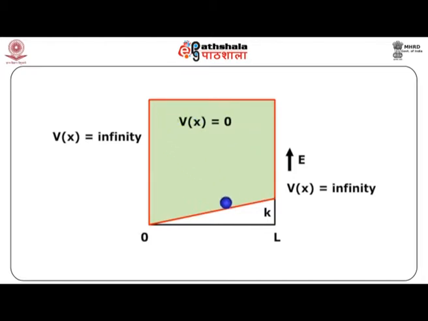Outside this box the potential energy is infinity, but inside the box the potential energy V(x) is equal to kx upon L, where L is the length of the box along the x-axis.